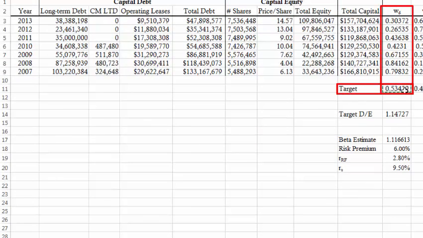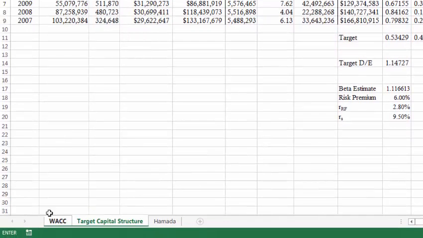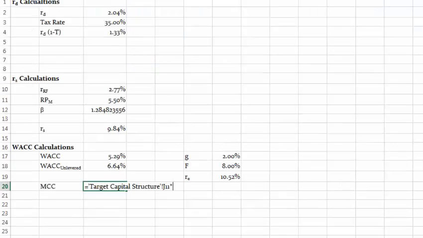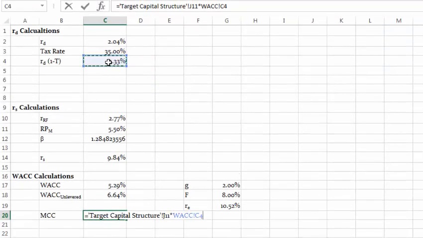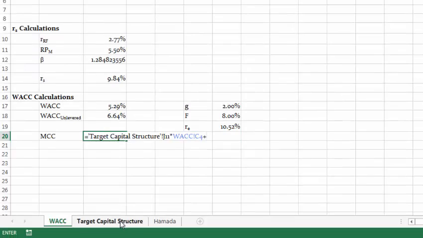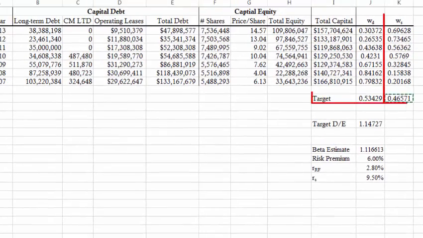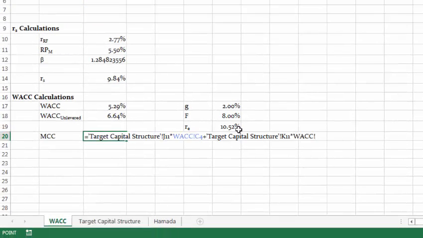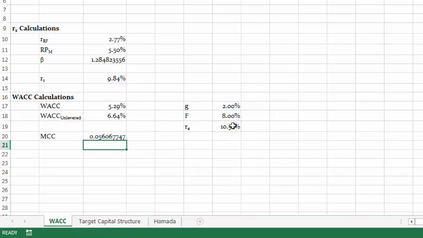Times after-tax cost of debt plus weight of the equity times the new equity cost this time, because that's why it's different from the last one.